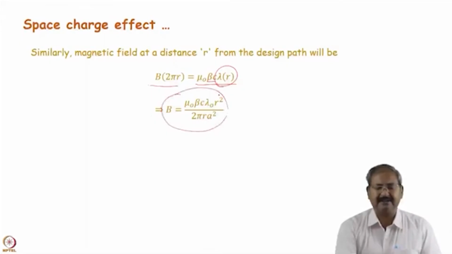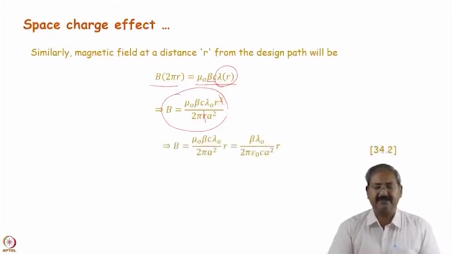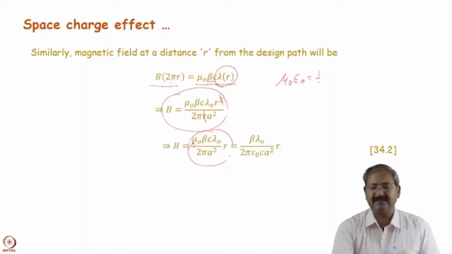Here r will be cancelled out by this a. So we will get mu naught beta c lambda upon 2 pi a squared r. Instead of mu naught, you can put the values in form of epsilon naught, because mu naught epsilon naught gives you 1 by c squared.